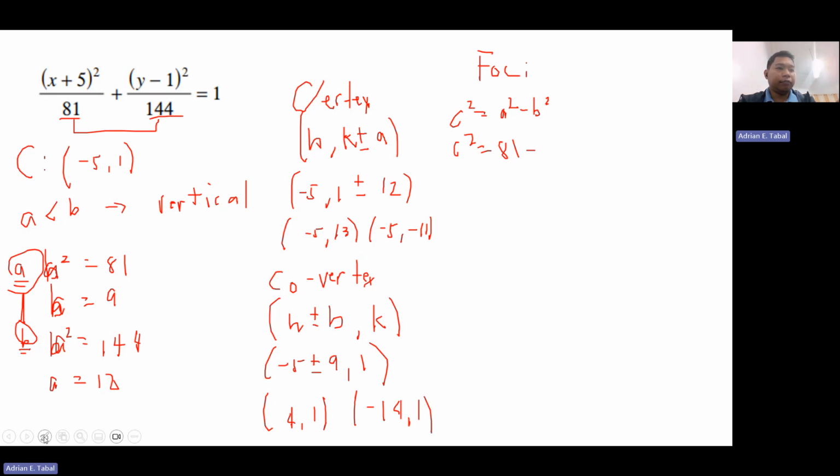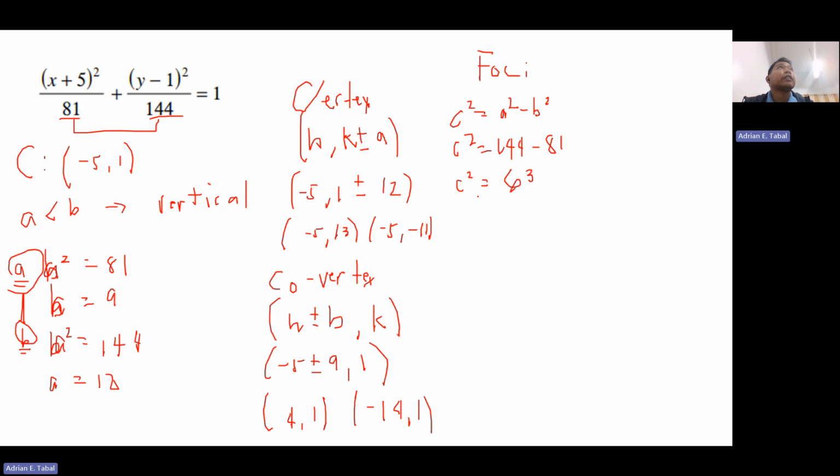Again, always the larger number as a. It's 144 minus 81. So we have c squared, 144 minus 81. That is equivalent to 63.